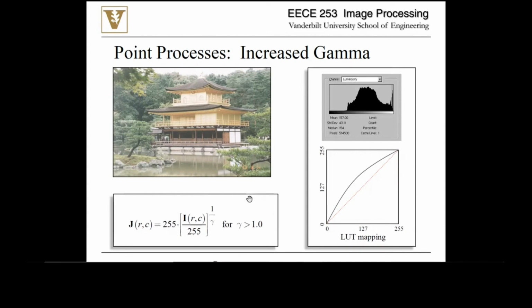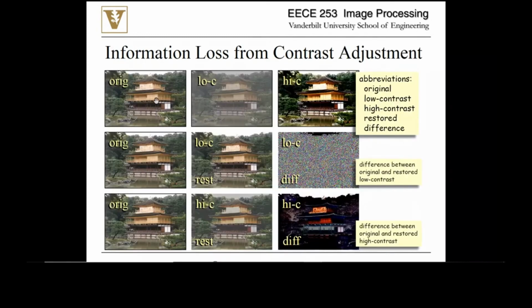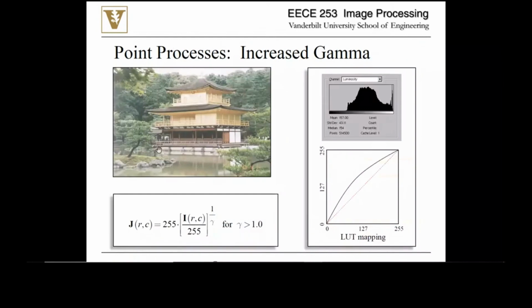And actually, that is what we see here. So we should expect a kind of brighter image, because the darker values have better contrast. So if now we compare to the original, now we see that the whole image looks brighter.